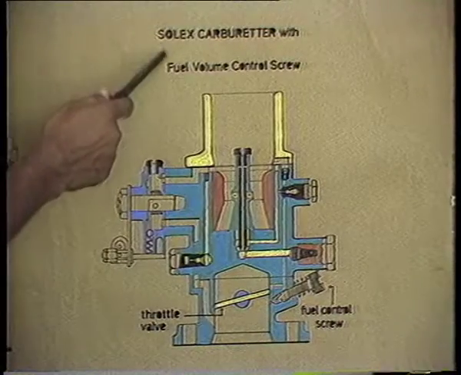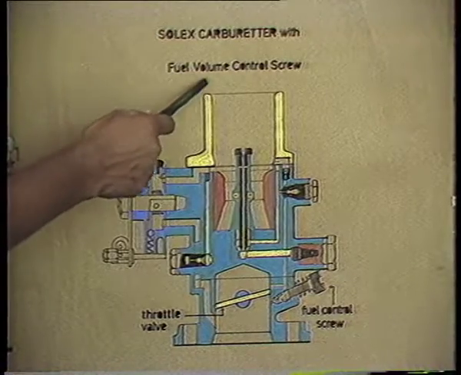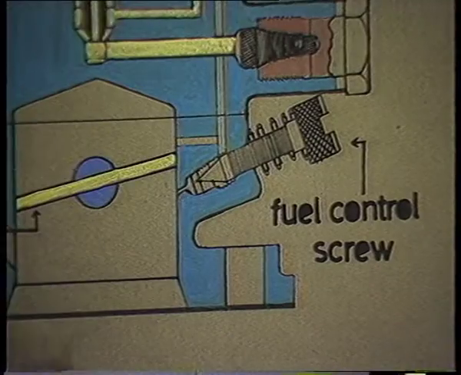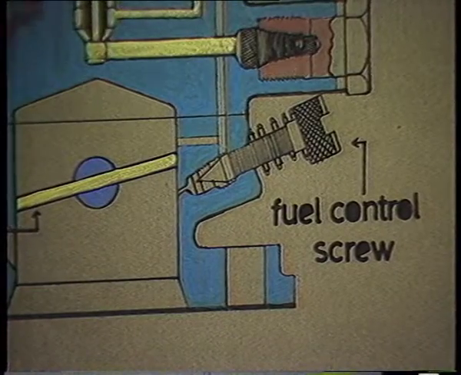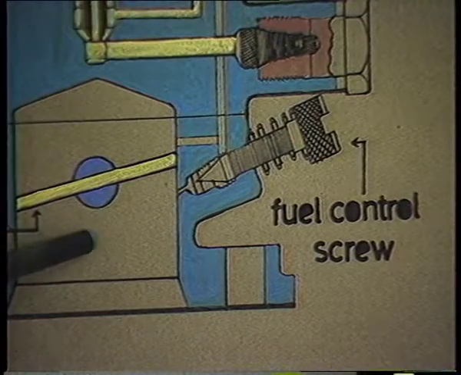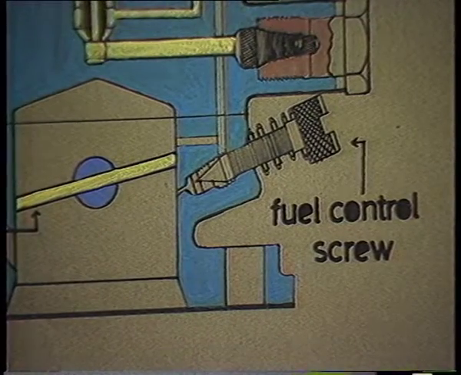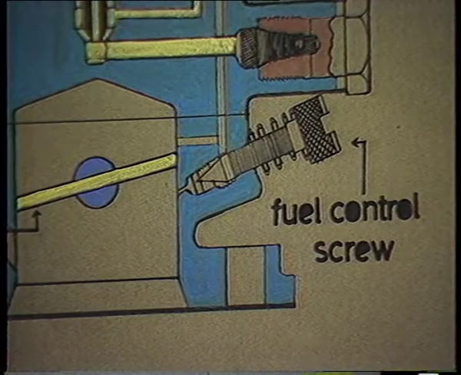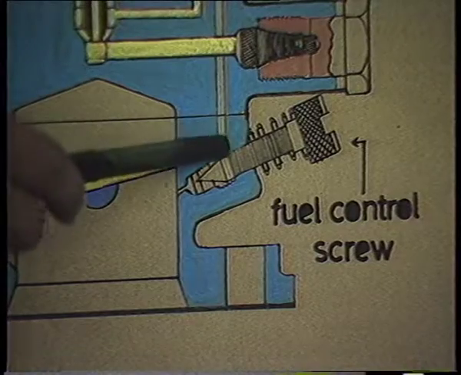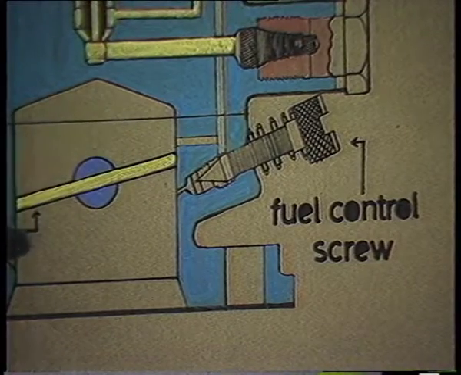The alternative method is the volume-controlled screw method of idling mixture adjustment. In this case, a fixed-size air bleed is used near the idling or pilot jet, while the mixture regulating screw, instead of controlling the amount of air entering the system, regulates the size of the idle discharge hole and thus the amount of fuel.